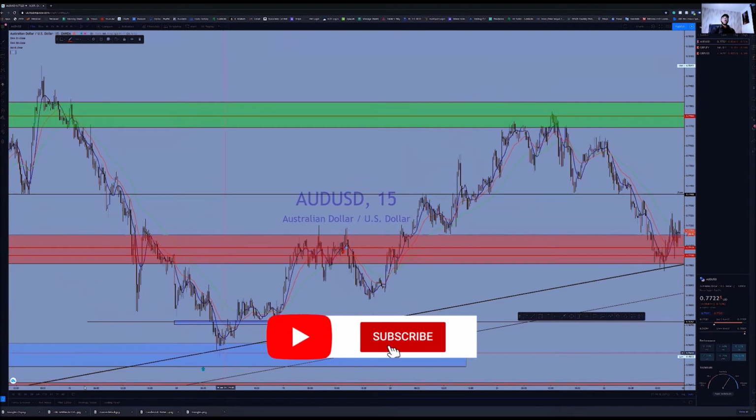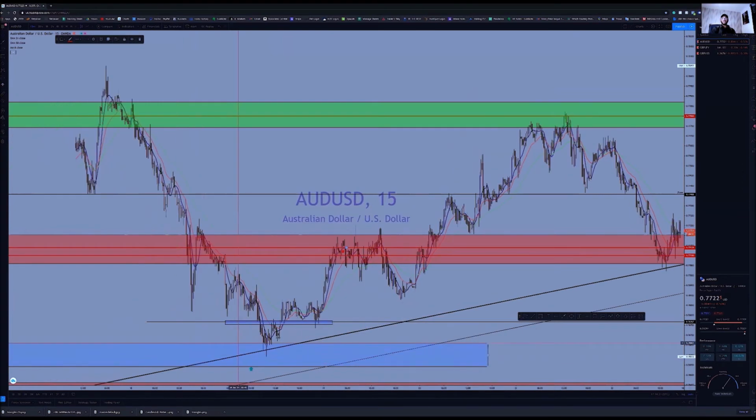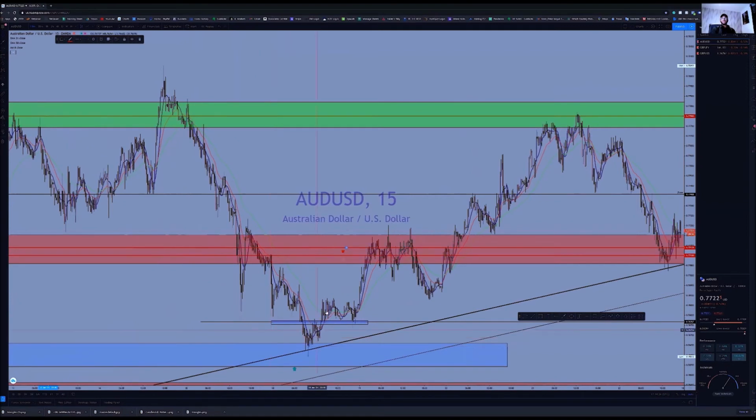Initially we took our trade based on respecting this trend line, respecting this zone, a break above this level, coming back down, then a break and close above this level. So now we know it's going with the trend.